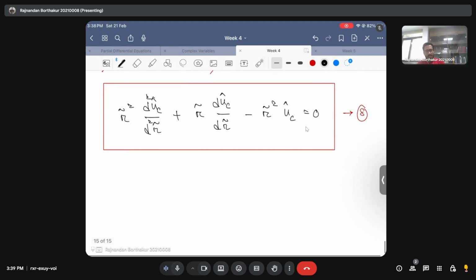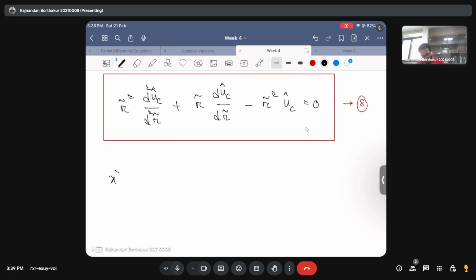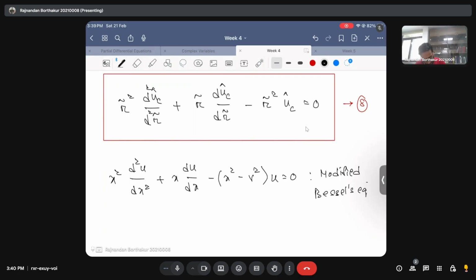All right, so there is a famous equation of this form: x squared d2u by dx2 plus x du by dx minus (x squared minus mu squared) u is equal to 0. This equation has a name. This is known as the modified Bessel's equation. Had this been plus, it would have been just the Bessel's equation, but with a minus sign, this is known as the modified Bessel's equation.